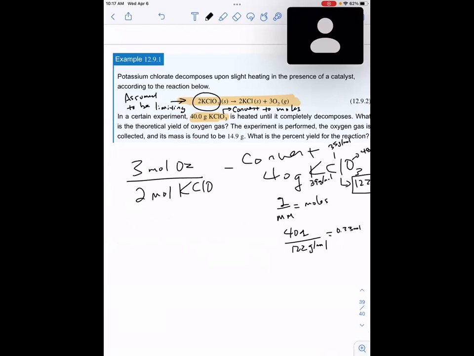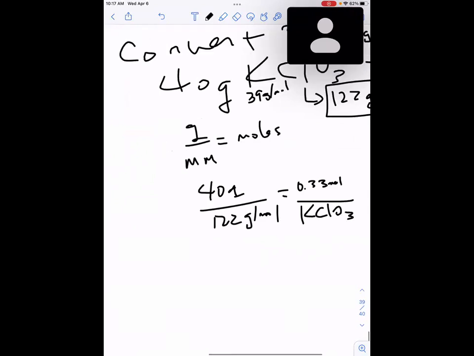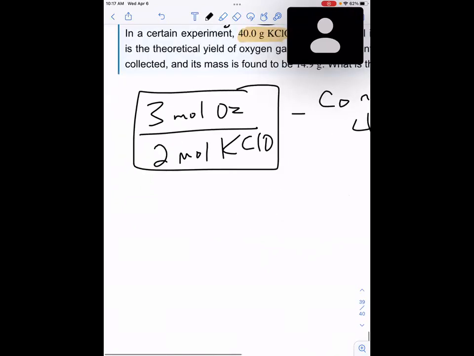Now we just need to set up the equation and use this to convert potassium chlorate into oxygen. Remember, as long as we know the stoichiometry, we can turn any reagent into any product and figure out how much we're supposed to get.